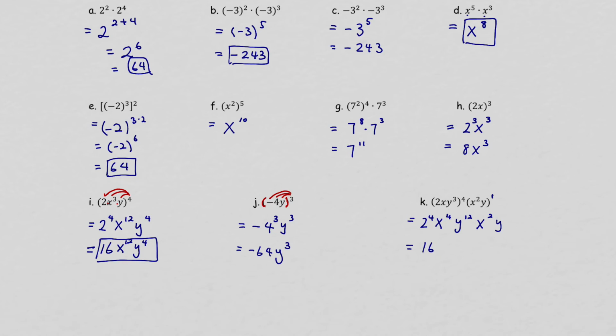And then this is the like base, right? Multiplication, so add the exponents. Gives you 6 exponents. And this too is going to be like base. So it will be 12 plus 1, which is 13.